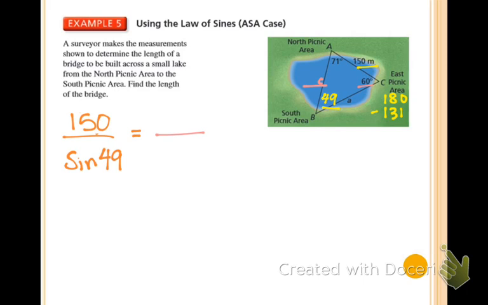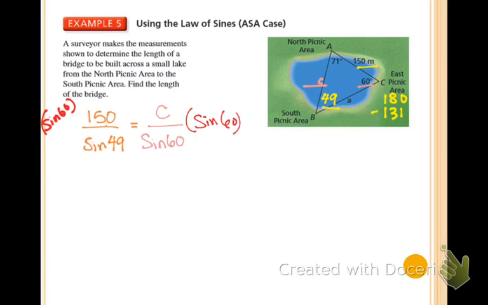All right, so then we have 150 over sine of 49. What's my next fraction going to look like? C over sine of 60. All right, and C is being divided by sine of 60, so I'm going to multiply. Sorry, I ran out of room. 172.